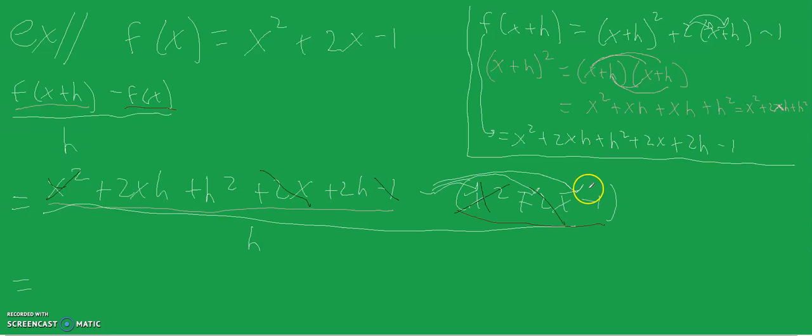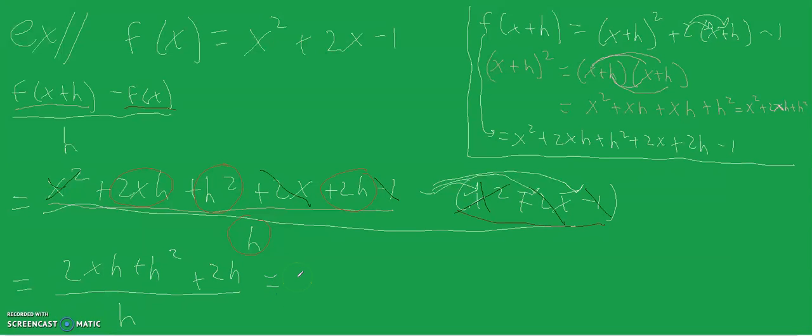These cancel each other out. And notice how this whole piece is gone, like I said before. So what I'm really left with is 2xh plus h squared plus 2h all over h. Let's go to the next line. So I'm going to get 2xh plus h squared plus 2h all divided by h.